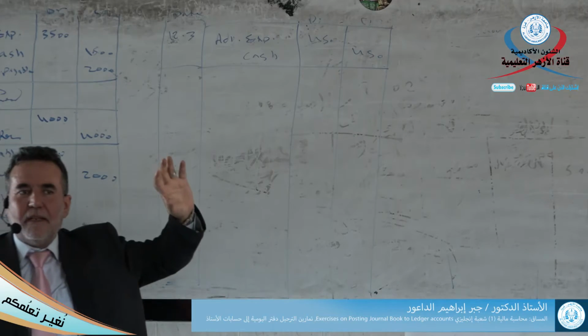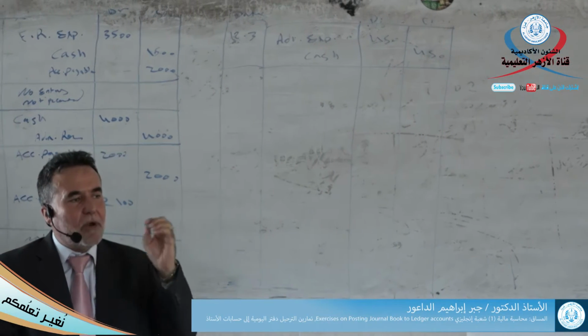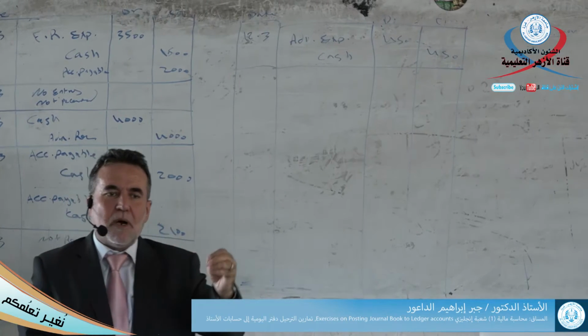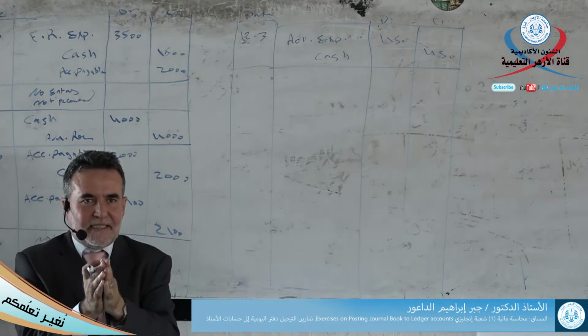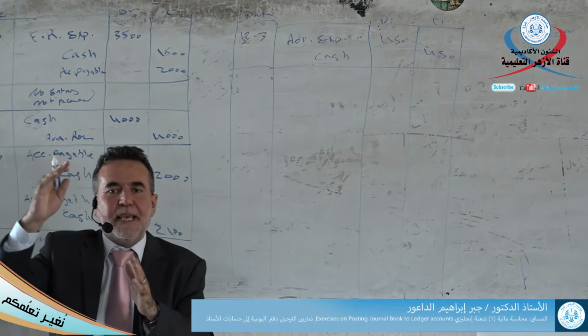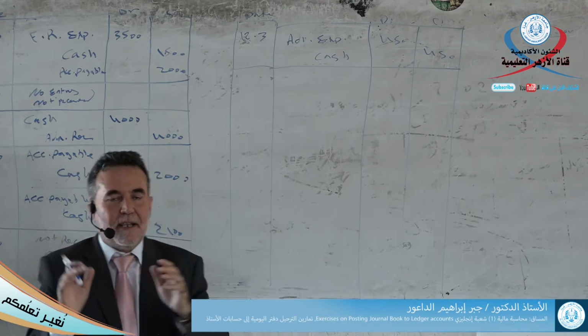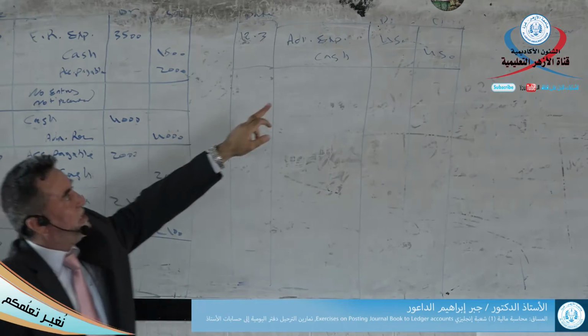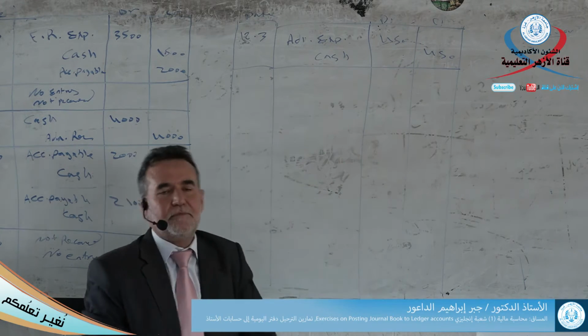Assets equal accounting equation. I repeat, accounting equation: assets equal liabilities plus owner's equity. Assets increase, it will be DR. Decrease, it will be CR. Here, cash, assets. Decrease, so it will be CR.